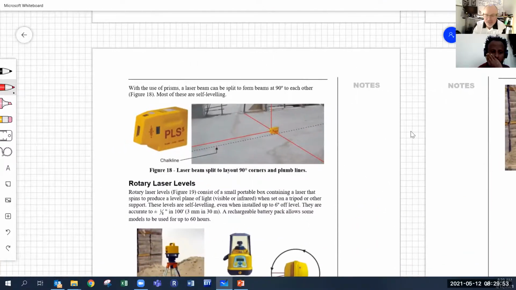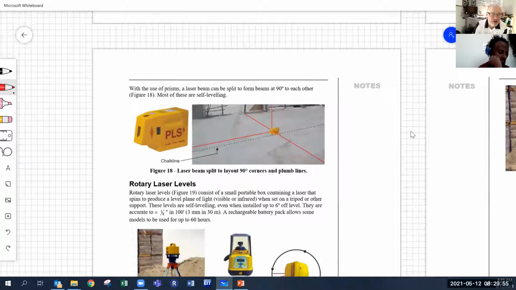And as you can see, you can get these little boxes that have a vertical, horizontal, side. So there it is there. It looks like you can have laser levels all over the place. So they can give you lines on the walls and stuff so you can get things vertically correct.